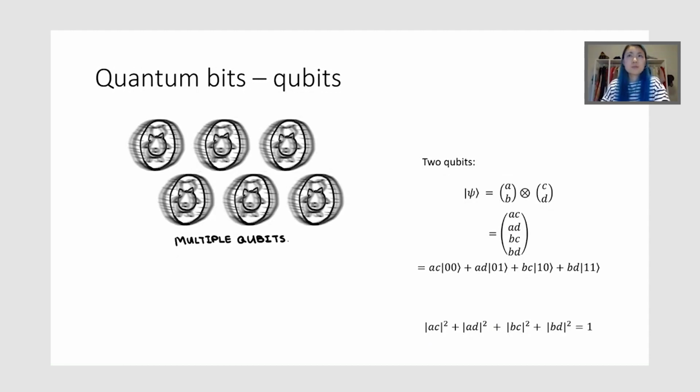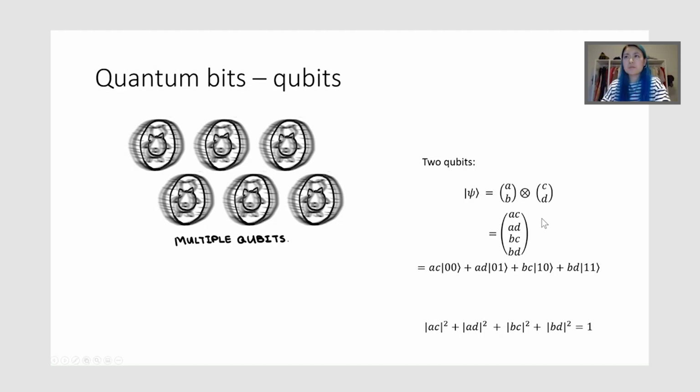If you have multiple qubits, say 2 qubits, you do the same thing as classically doing a tensor product. You just have these arbitrary amplitudes in front of them, and you will get these 4x1 vectors again. Each is an amplitude of these 4 possible states. Remember our earlier introduction of 0 0, 0 1, 1 0, and 1 1.